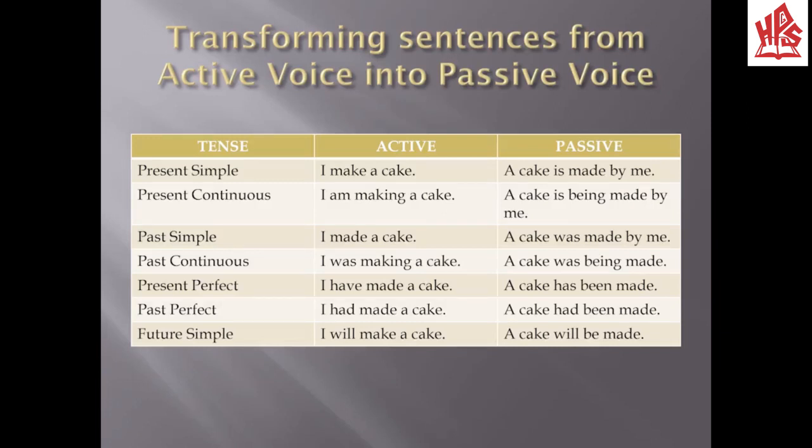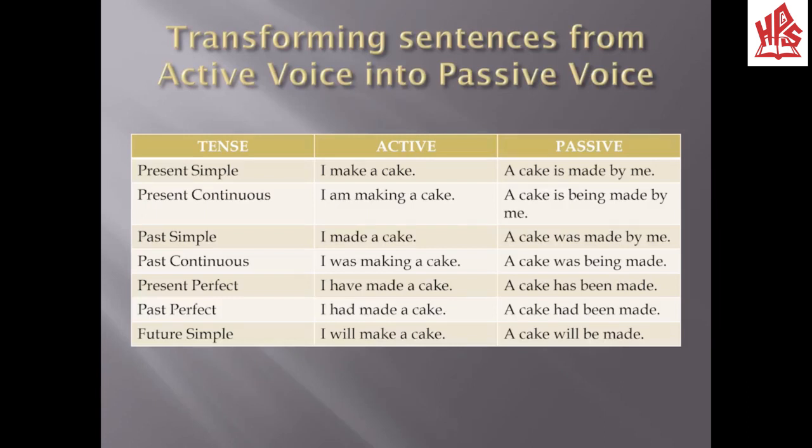Now, if we are going to change it into passive voice, the one thing is that we will change the first form of the verb by is in present simple. We will change is/am/are with ing form into is being. We will change the second form with was in past simple.